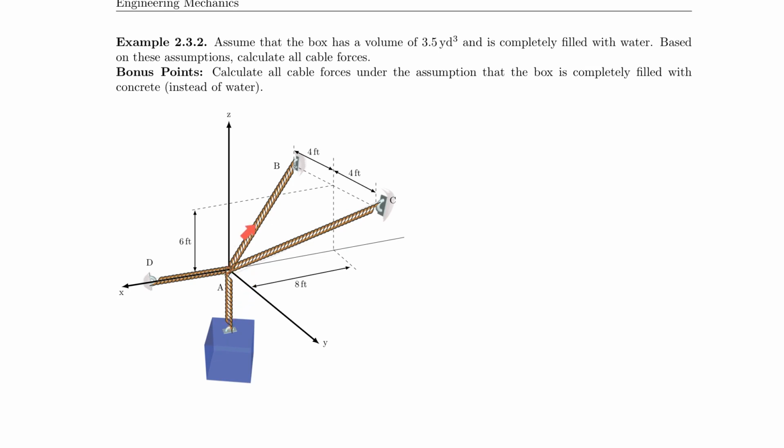But AB and AC do, and that seemingly makes it complicated, but I want you to understand the symmetry of the system. So take a look at these dashed lines here. For example, node C is actually 8 feet in the negative x direction, 4 feet in the positive y direction, and 6 feet in the z direction.